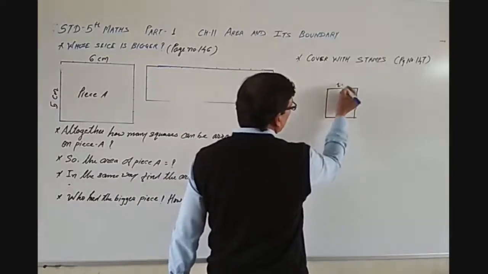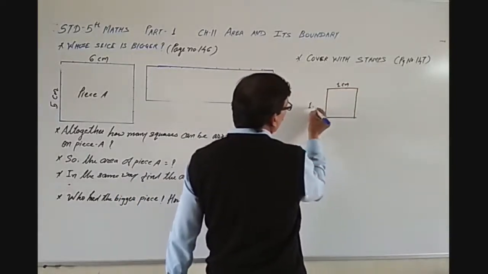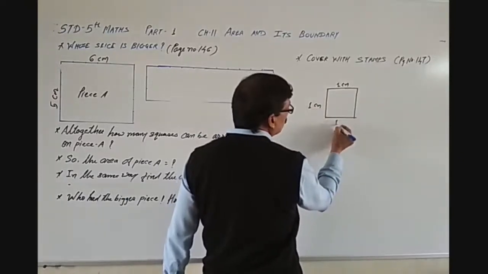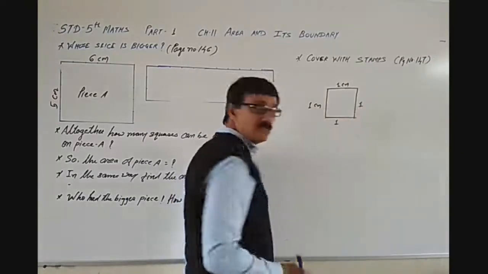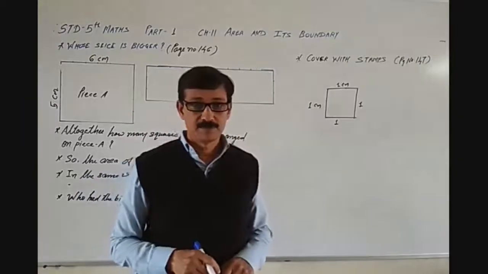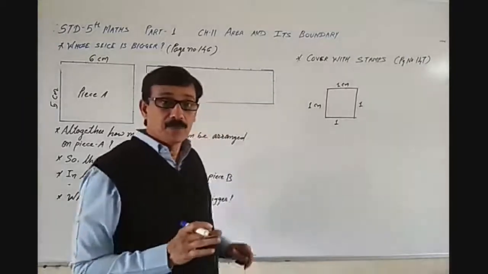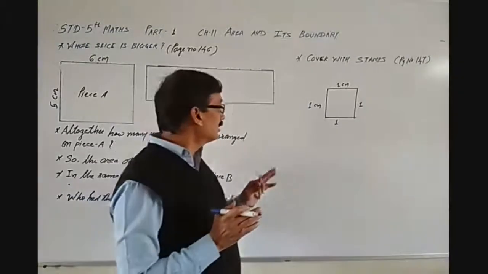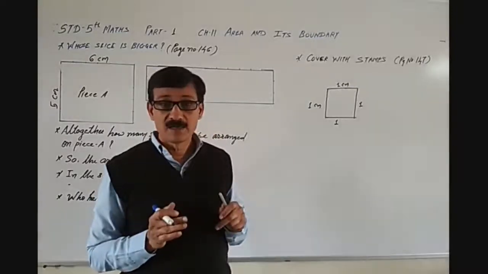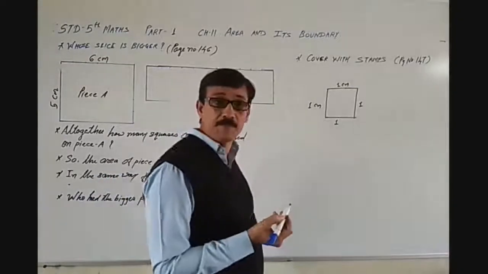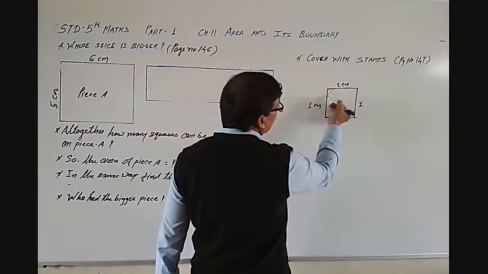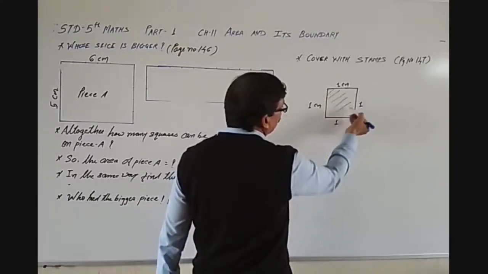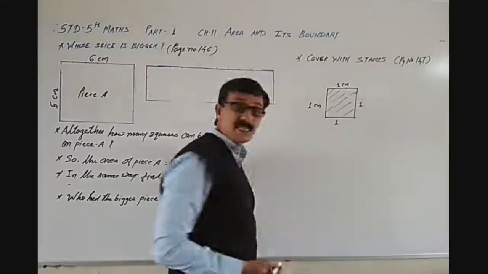This is 1 centimeter, this is also 1 centimeter, this is also 1, and this is also 1 centimeter. It is a square. Now, if we want to think about the area, then what is area? See, this is its area.